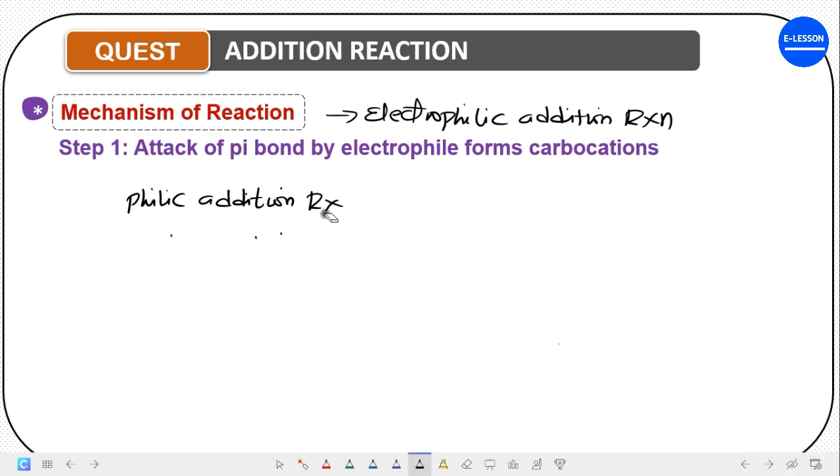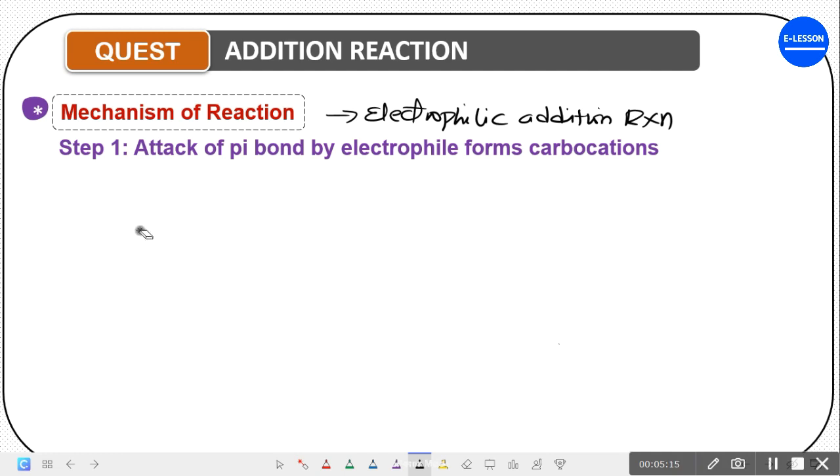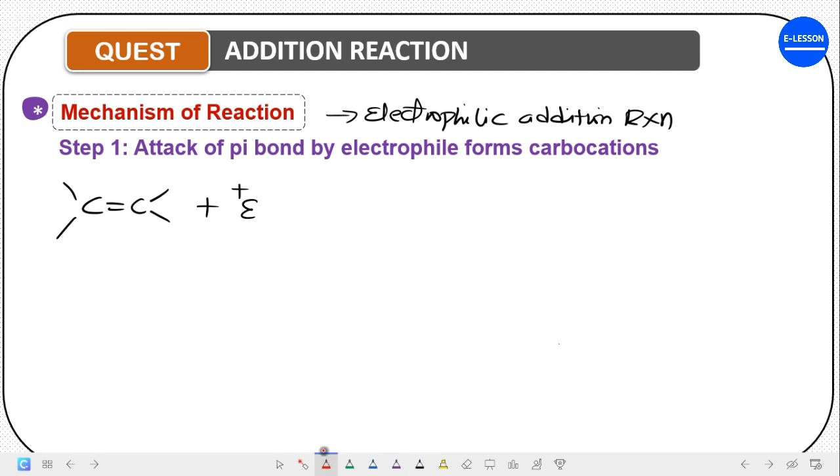Now, it occurs between the double bond of the alkene and then an electrophile. So we have this C double bond C. This is the double bond of an alkene, and then we have an electrophile.